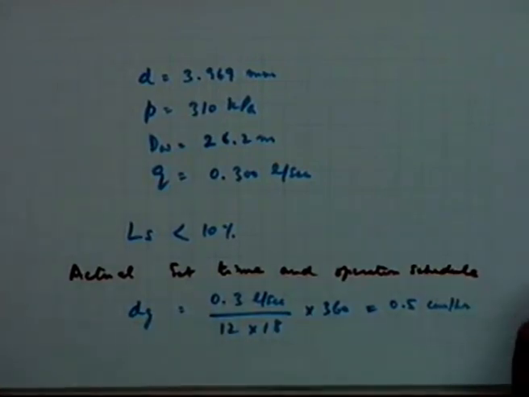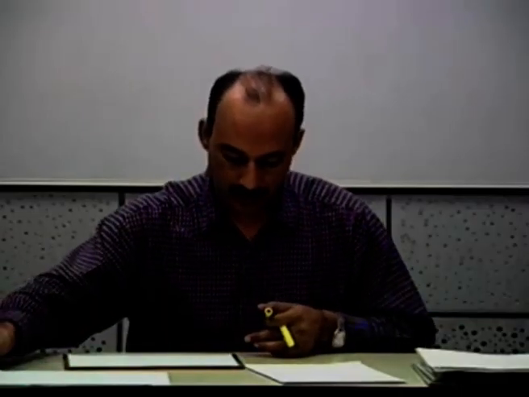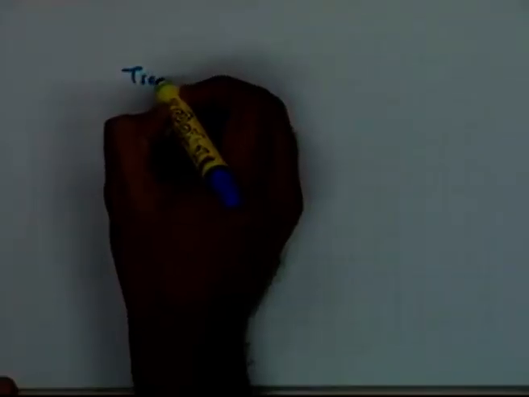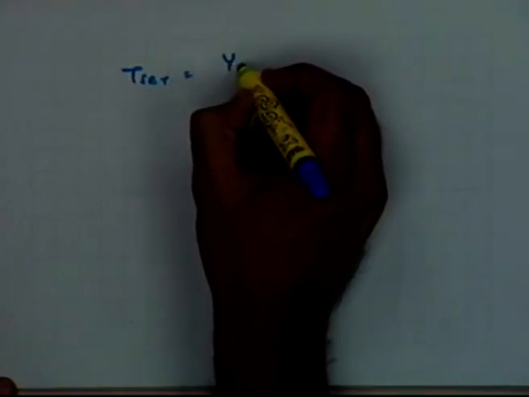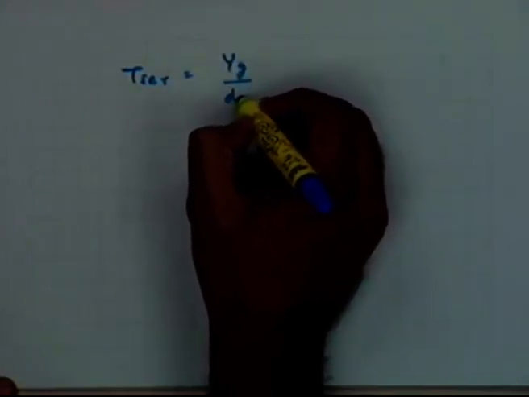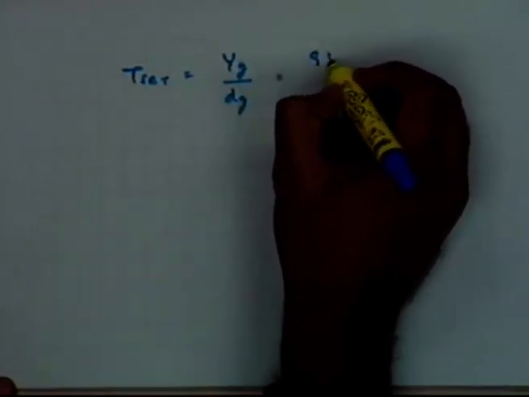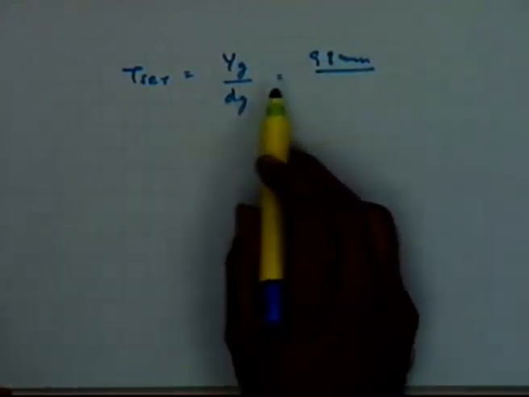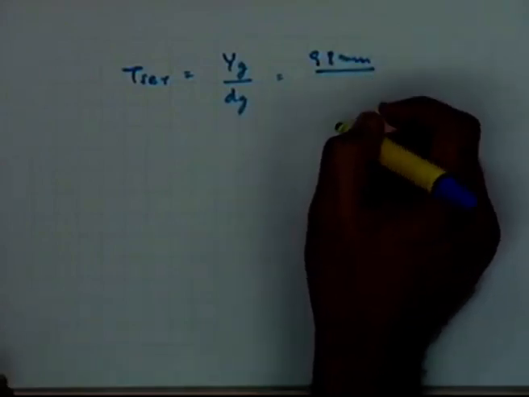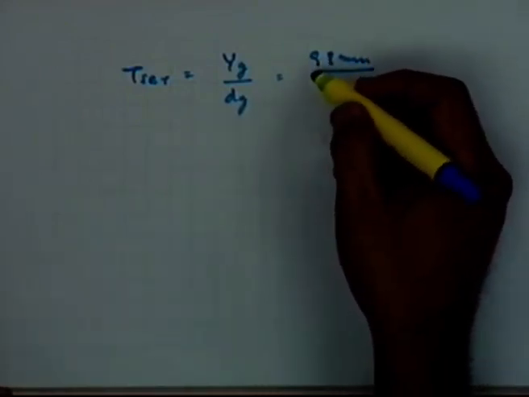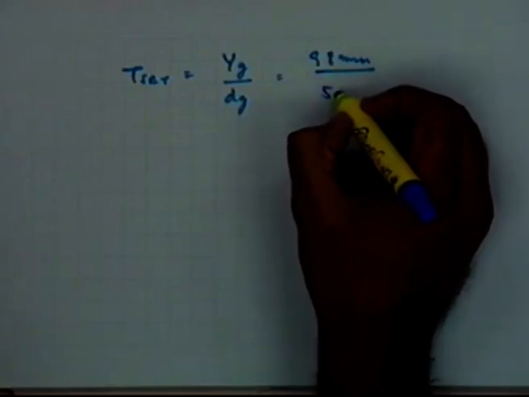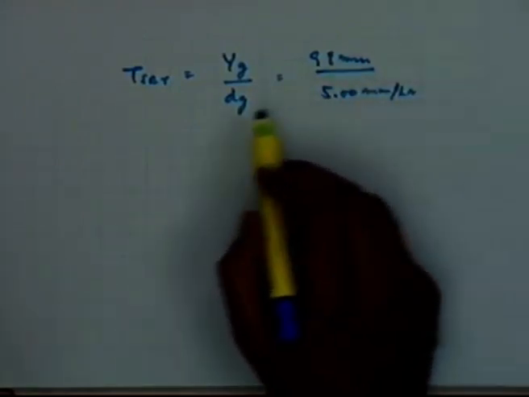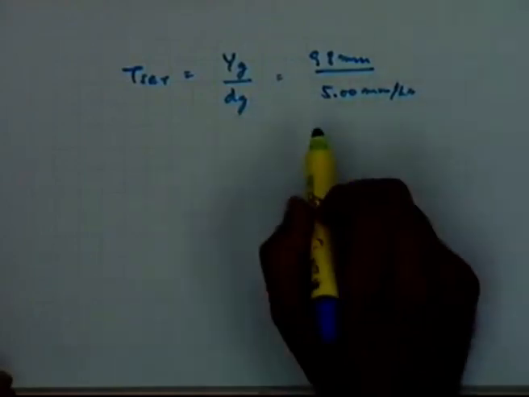And for the set time, 98 millimeters is the YG, or the gross depth, and 5 millimeters per hour is the DG, which we have just found out.